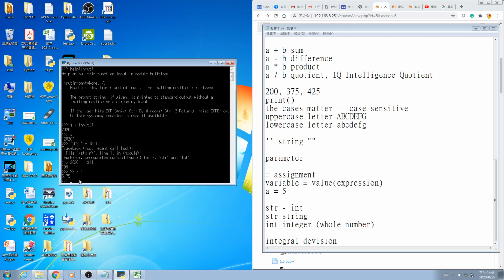So what are you going to give me when I ask you what is the answer of 23 divided by 4? You might be telling me that the answer is 5 with a remainder of 3. Is that right? There's a remainder.